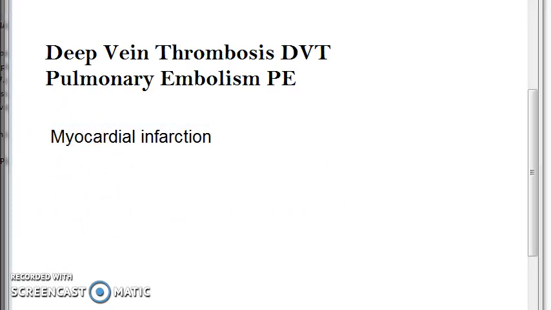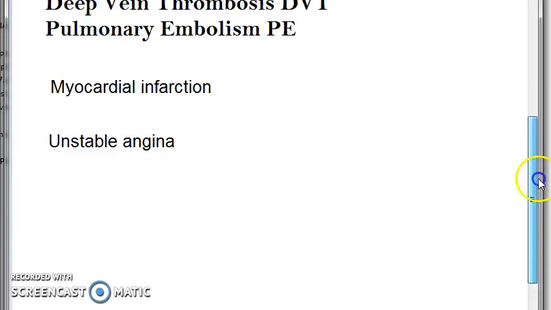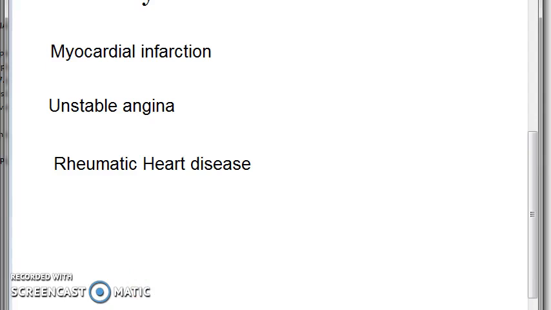Then in unstable angina, you want to prescribe this. Then rheumatic heart disease, like atrial fibrillation, AF.